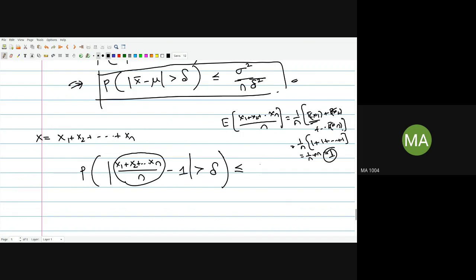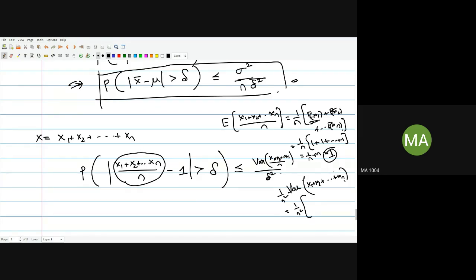So what will be the variance of this? It is basically the variance of x1 plus x2 and so on xn by n, divided by delta square. This is what we have to find. The variance of this will be 1 by n square times the variance of x1 plus x2 and so on xn, which is the variance of x1 plus the variance of x2 and so on up to the variance of xn.